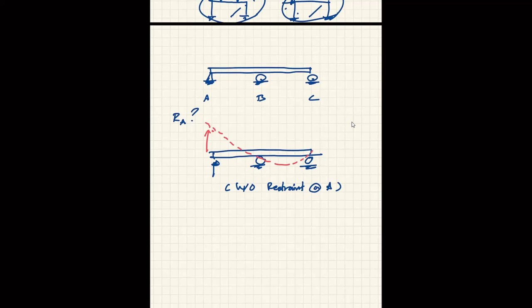Can you see that? Forget about the calculation or anything. Just think about a simple beam now, and you are going to apply the load because we remove the restraint at RA, right? So RA becomes just the external load. So this is what is going to happen.